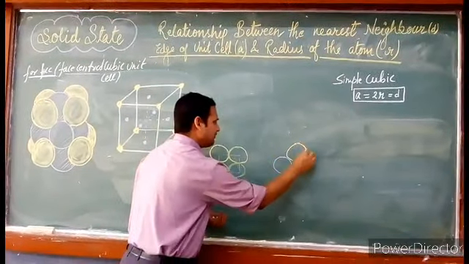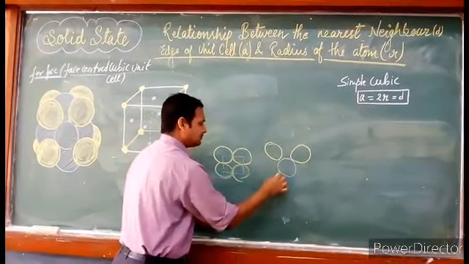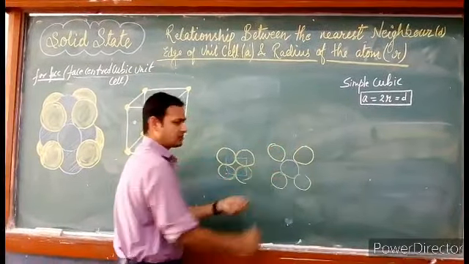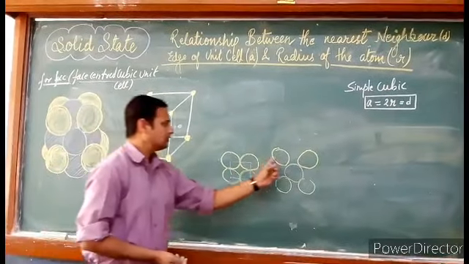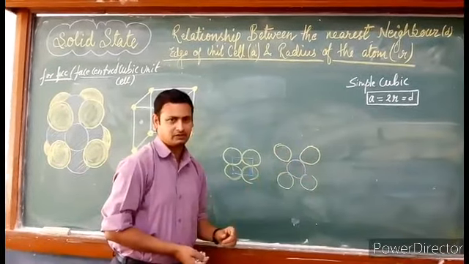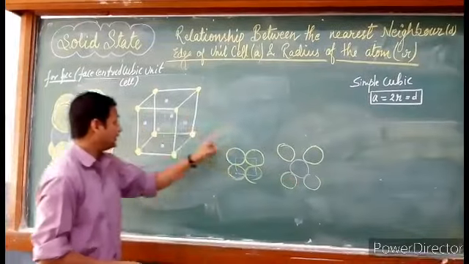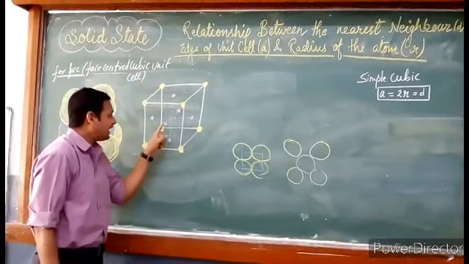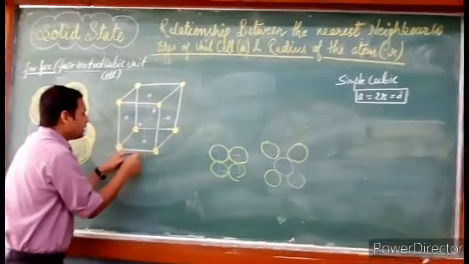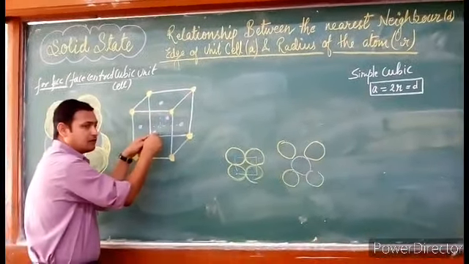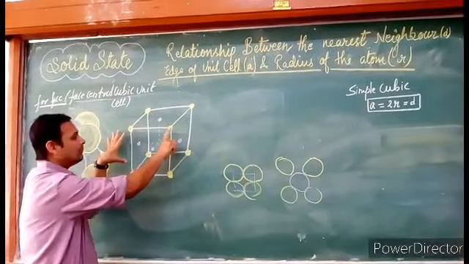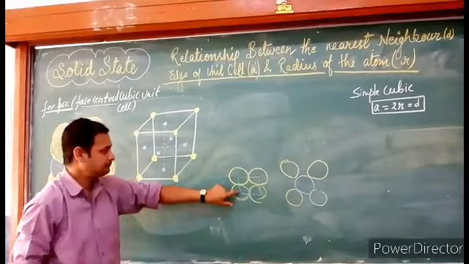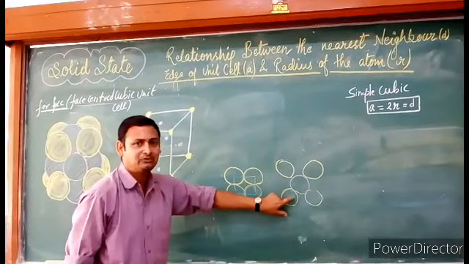The 4 atoms which were closely attached are now gone some distance apart from each other. This happens in the case of face-centered unit cell. When we place the atom in the center of one face, the atoms move apart, they lose connection between them, and the condition becomes something like this.